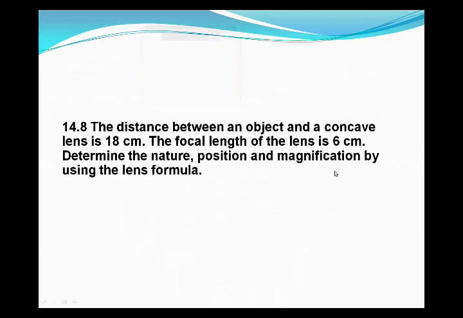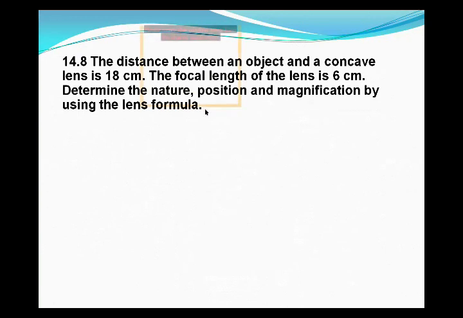Now, the next numerical is also related to the previous one. We can say the distance between an object and a concave lens is 18 centimeter. The focal length of the lens is 6 centimeter. Here we have to determine the nature, position and magnification by using the lens formula.